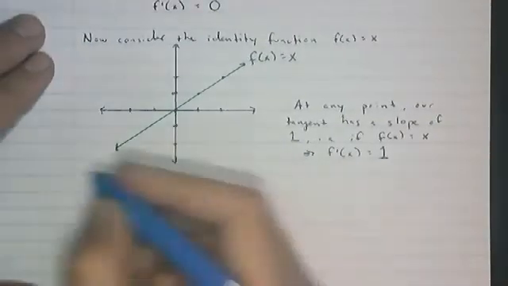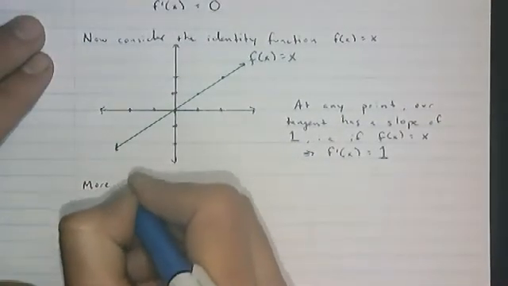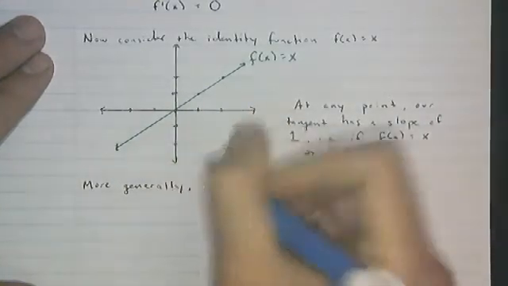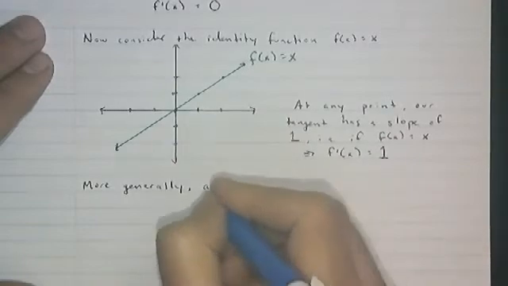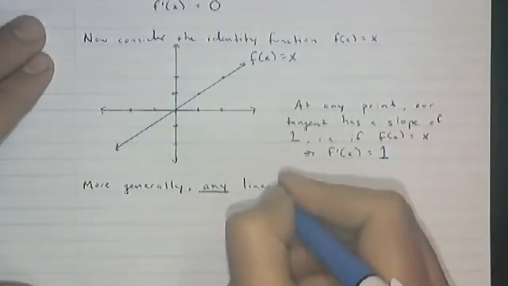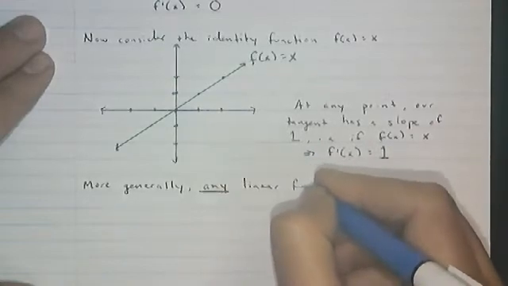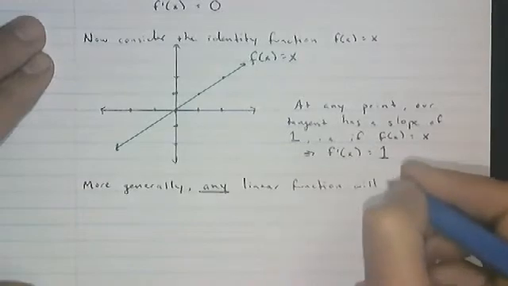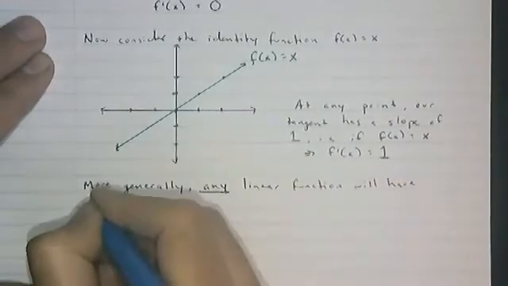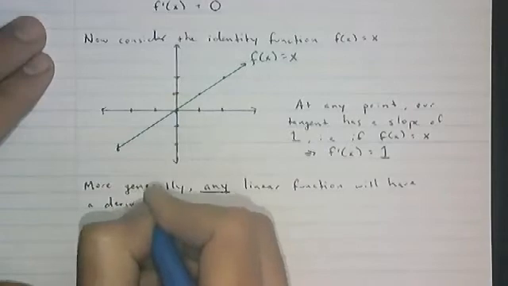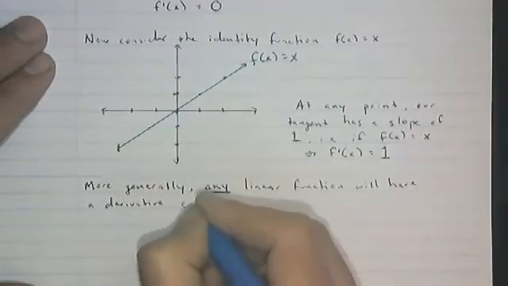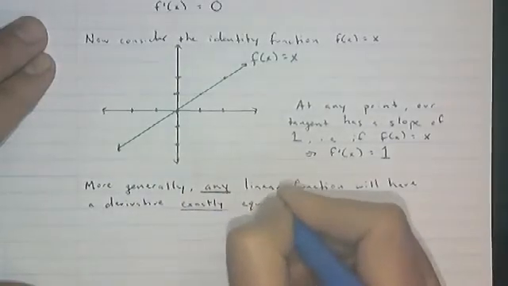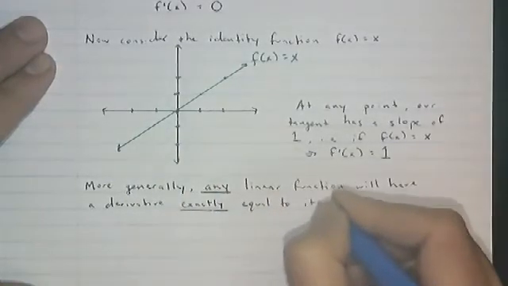So more generally here, any linear function will have a derivative exactly equal to its slope.